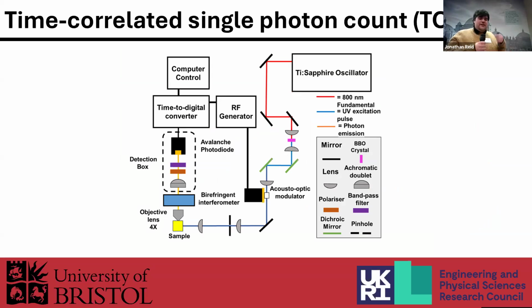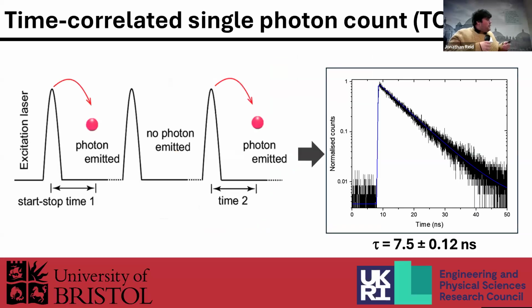This is our sample, just in a cuvette, so we're looking at bulk pyruvic acid initially. We're measuring photons coming out of our sample, and then we're able to form this histogram here, and from here we're able to get a fluorescence lifetime. This is useful because we can assign this to our S1 to ground state decay, which will come up a bit later on.